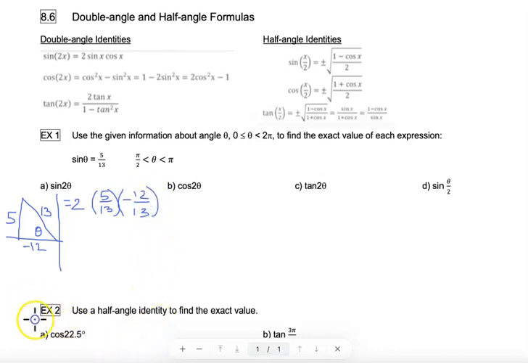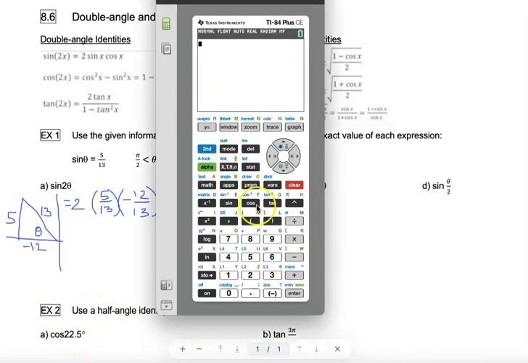And so then we are just going to multiply that through. So 2 times 5 over 13, and then times another fraction, negative 12 over 13.